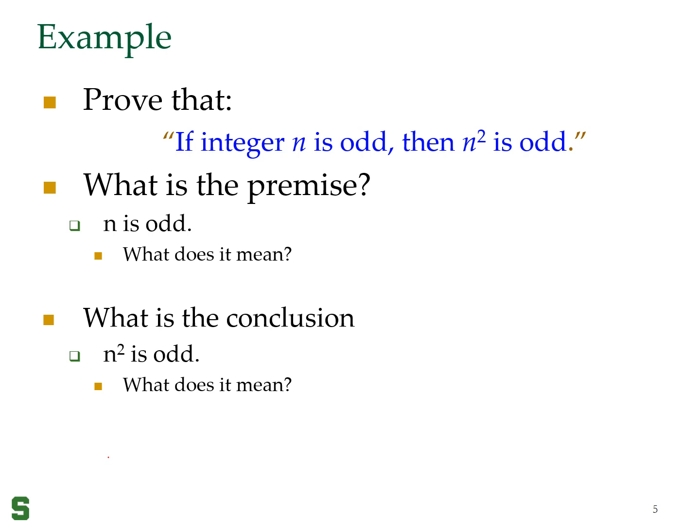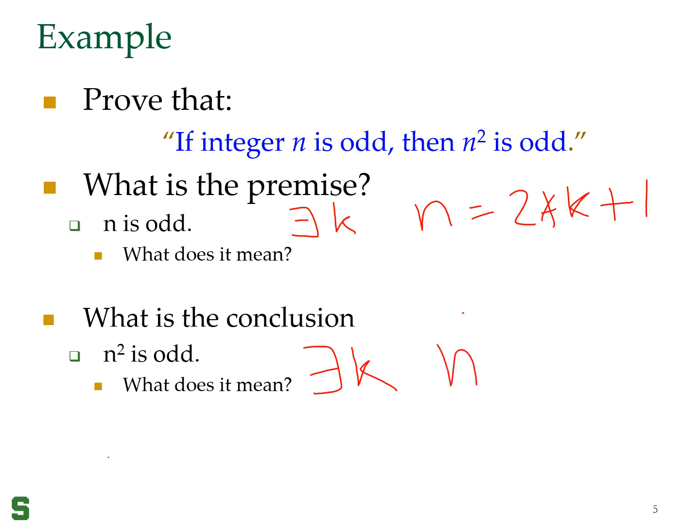Well, it means there exists a k where k is from the set of integers such that n is equal to 2 times k plus 1. That's what n is odd means. This means there exists a k, n square is equal to 2k plus 1.